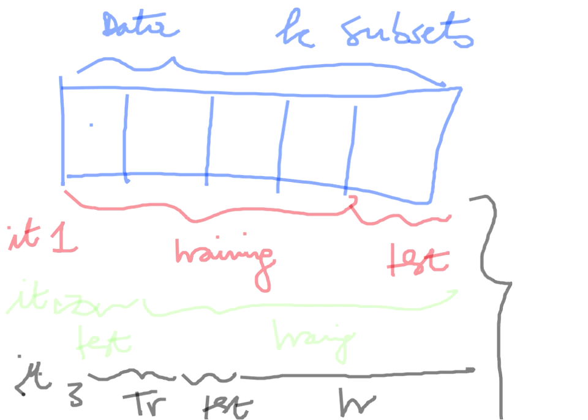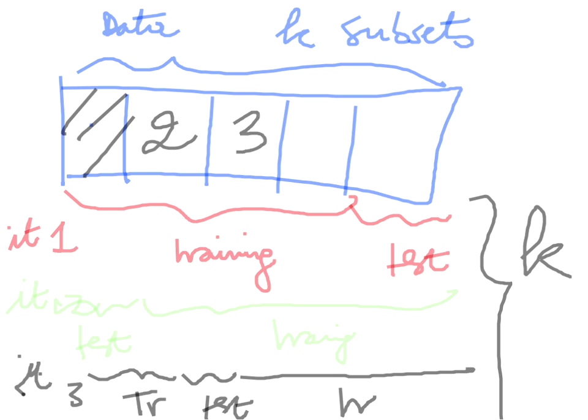So how many iterations do we repeat here? K iterations. Three here. If we have 1, 2, 3, 4, 5 subsets, in the first iteration this one will be the test, in the second iteration this one will be the test, and in the third iteration this one will be the test, etc. So k iterations.